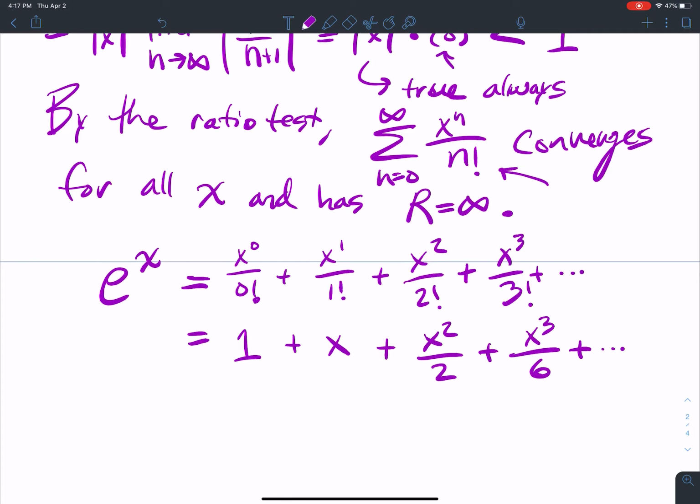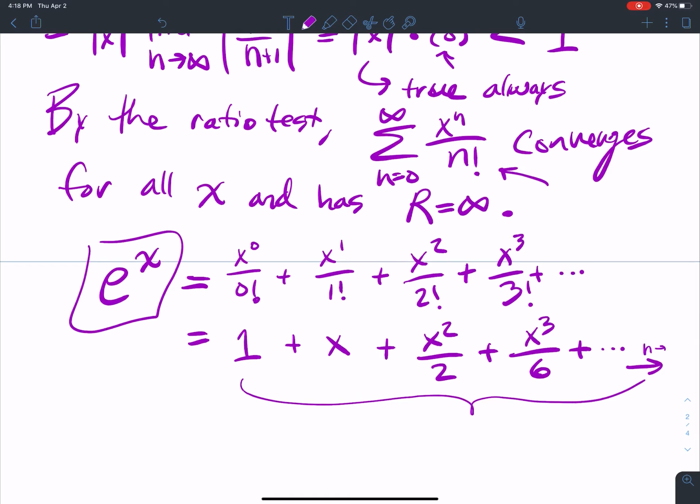Depending on how close you want to get to the real answer e to the x is how far you go out in your terms for your series. If you go out to infinity, as n goes to infinity here, then you're going to get exactly e to the x. But if you stop at some point, which you have to if you're a person or a computer, then there's going to be some error involved.